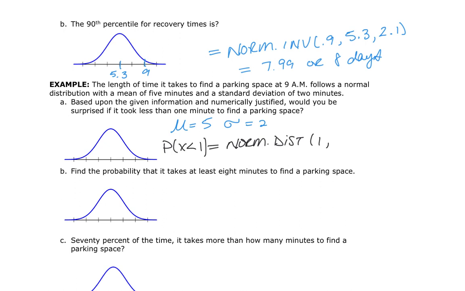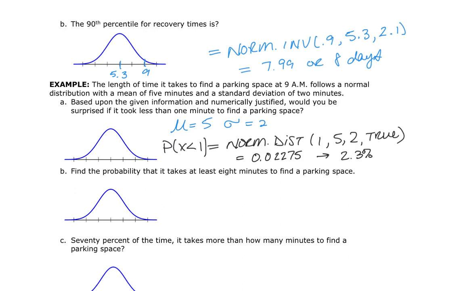So I'm going to put in 5, 2, true. And what comes out in my spreadsheet is 0.02275. So that tells me that I have a 2.3% chance of spending less than 1 minute. So yeah, I'd be really surprised if that happened.